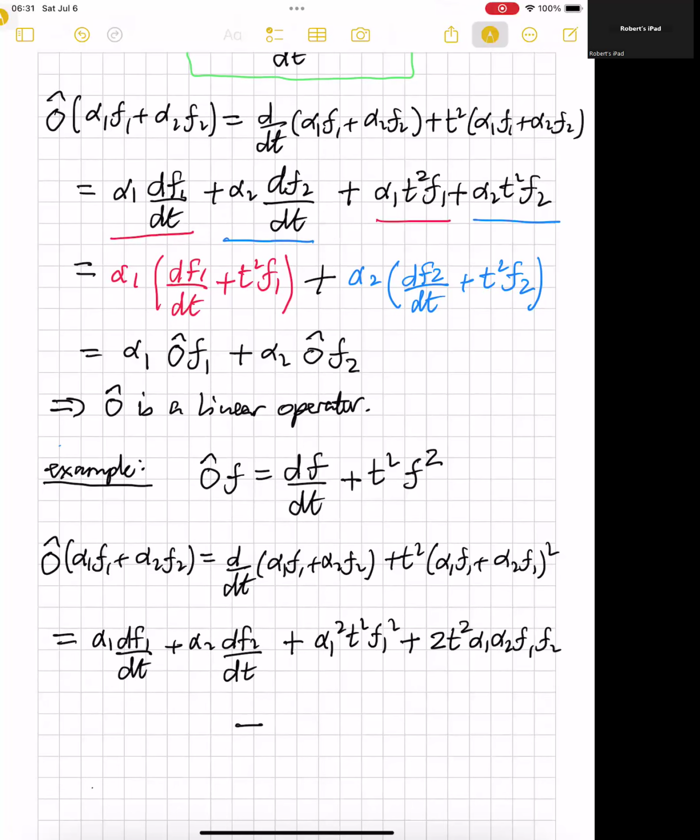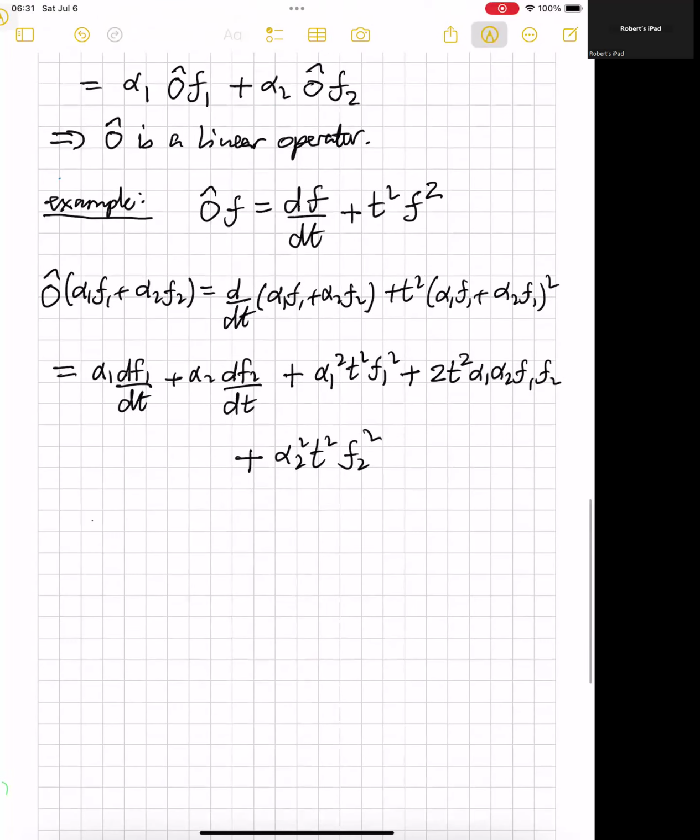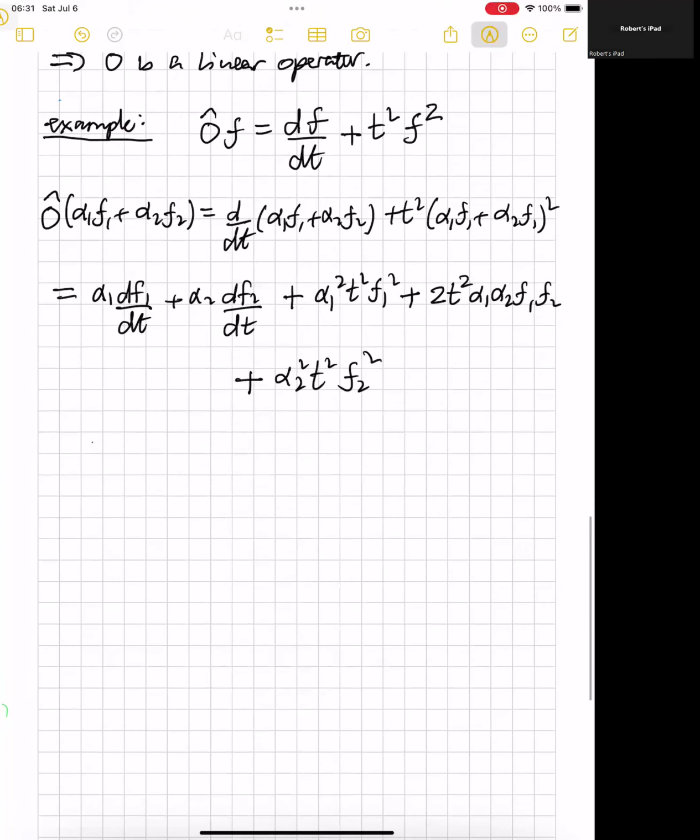And then there's one more term, which is alpha 2 squared, t squared, f2 squared. Okay? So that's O hat acting on alpha 1 f1 plus alpha 2 f2. Now, if this is a linear operator, this should be equal to alpha 1 acting on O hat f1 plus alpha 2 acting on O hat F2.